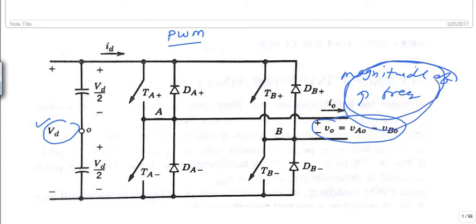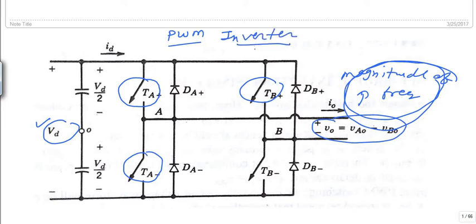This should be our prime requirement. Now how do we achieve this? This is achieved by pulse width modulation of the inverter switches. That is why we call this particular inverter a PWM inverter.